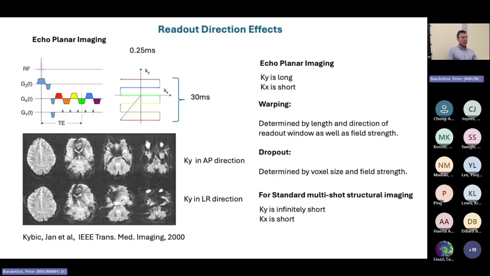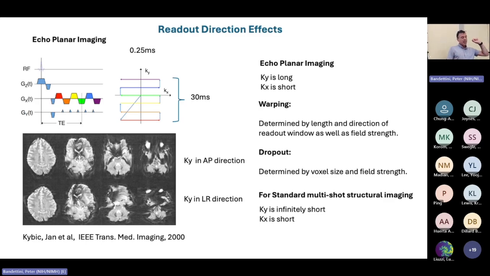Because there's so much detail in how the fields are inhomogeneous, like for instance in the sinuses and so on, having a perfect shim is very, very, very difficult. We get close, and at high field this becomes magnified.